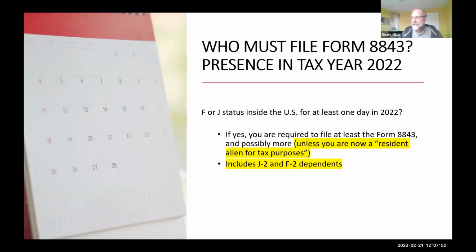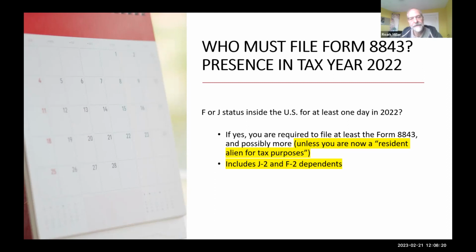So who must file Form 8843? Basically, anyone who is in F or J status and who was present in the United States at any point in time during the 2022 tax year, which runs from January 1st to December 31st of 2022, and if you are non-resident aliens for federal tax purposes.